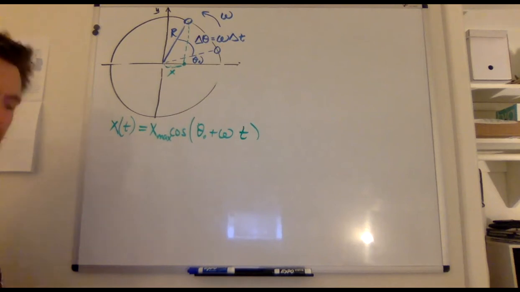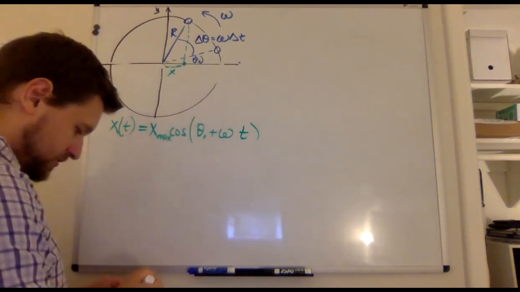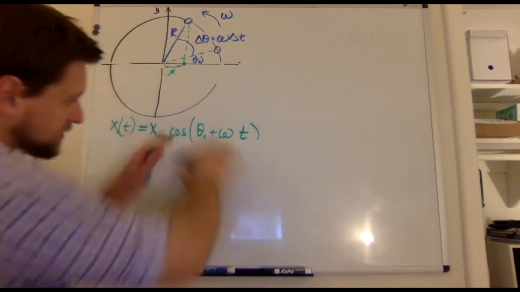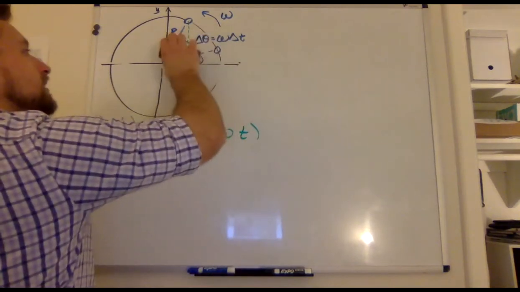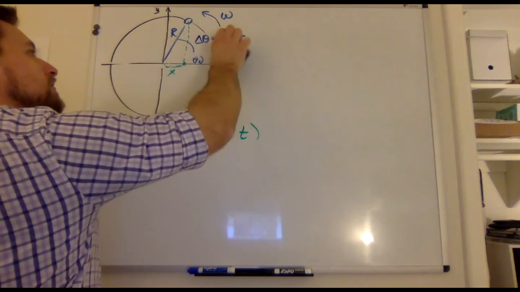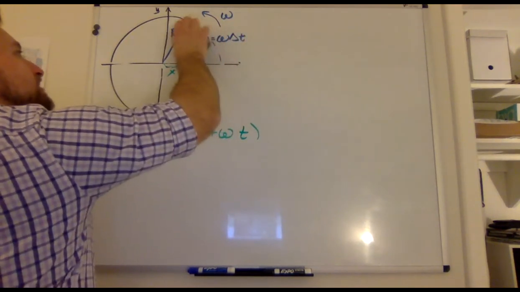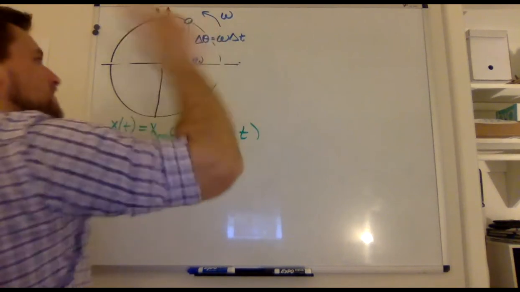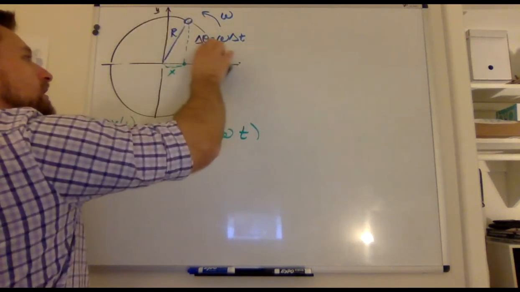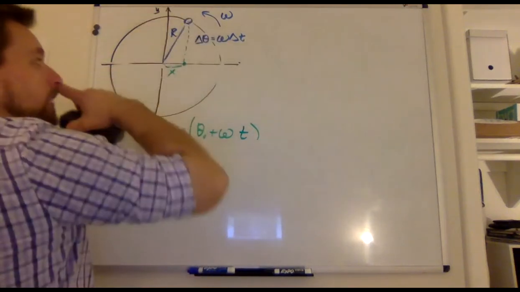The next piece we do, for simplicity, just to keep things kind of nice and clean written, let's choose the initial time and initial position. Let's start the clock when we are on the x-axis as we're going counterclockwise.